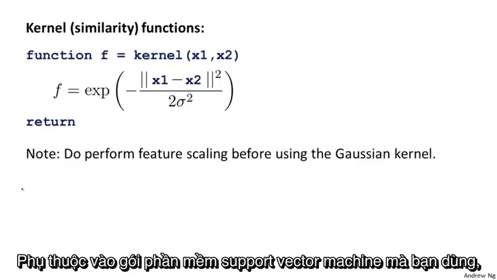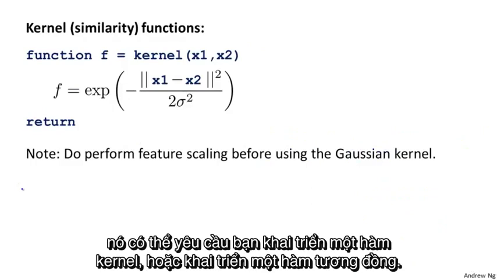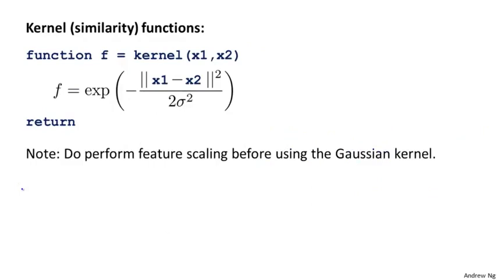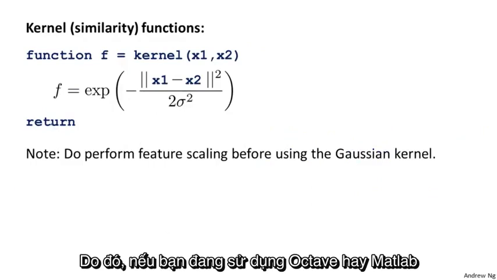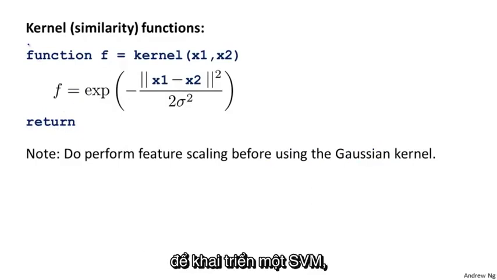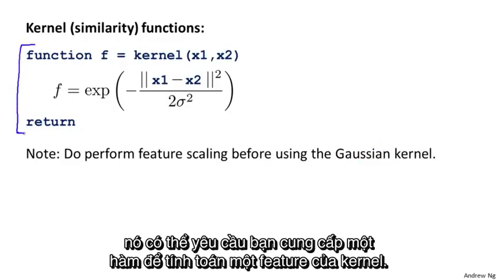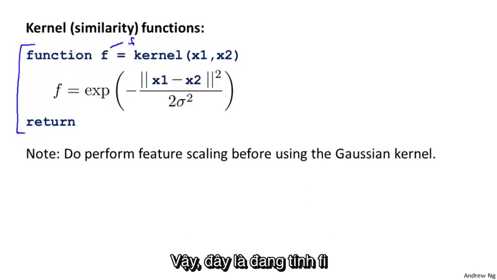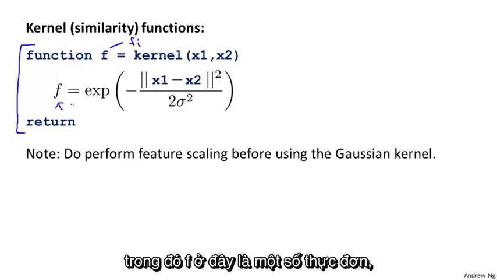Depending on what support vector machine software package you use, it may ask you to implement a kernel function or to implement the similarity function. So if you're using an Octave or MATLAB implementation of an SVM, it may ask you to provide a function to compute a particular feature of the kernel. So this is really computing f subscript i for one particular value of i, where f here is just a single real number.